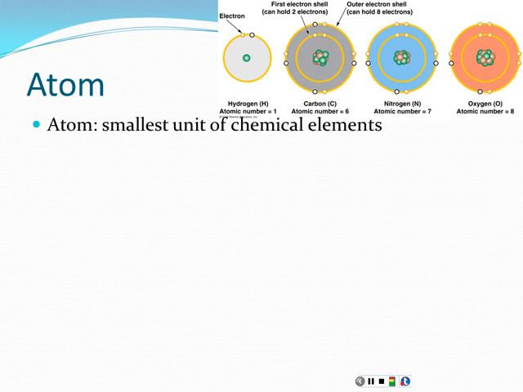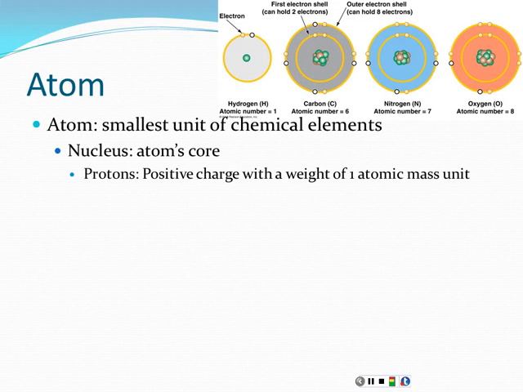It consists of a nucleus, which you see at the very core here, in the middle. Within the nucleus, it has positively charged protons, and this will determine the actual atomic number for the atom, and it will make each atom distinct from each other by the number of protons that they have.